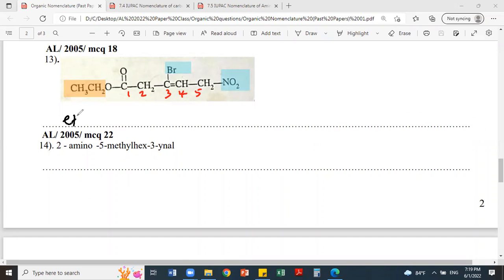Ethyl space, because it's an ester, ethyl space. Substituent groups at the beginning of the name: 3-bromo, then 5-nitro, pent-3-enoate.